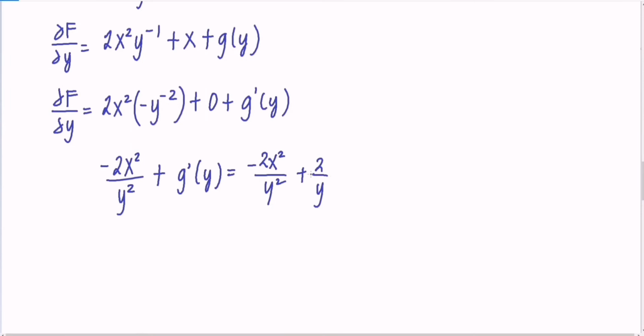Dito guys, hindi siya makakancel lahat, no? Katulad ng mga example ko kanina, yung 1 and 2, lahat nakakancel. Makakancel lang dito ay ito, sila lang dalawa. Kasi pag binalibag ko to sa kanan, magiging positive siya kasi negative siya dito. So, ang mangyayari, negative 2x squared over y squared plus 2 over y plus 2x squared over y squared.